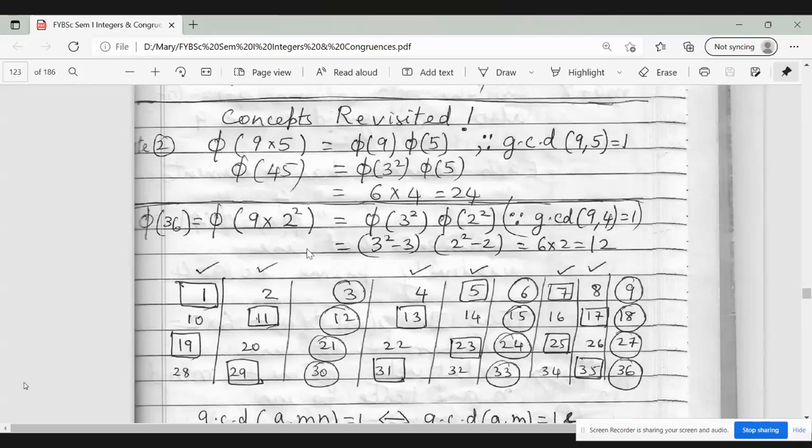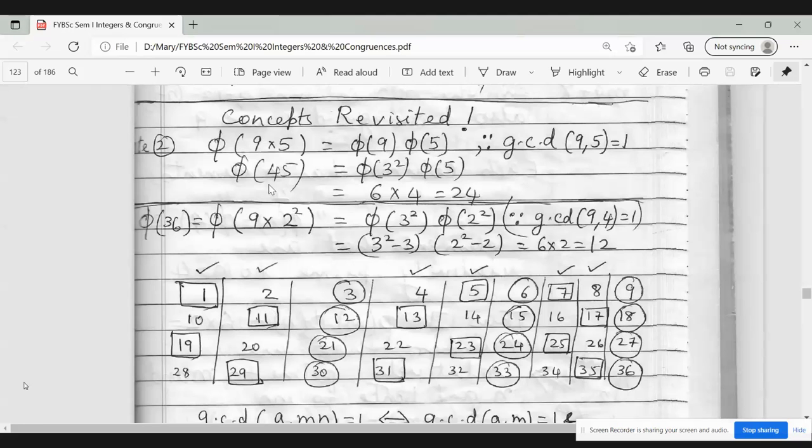So now you have two numbers, 9 and 5. Their GCD is 1. They have no common factors. Sorry, what I did here is for 9 and 4.